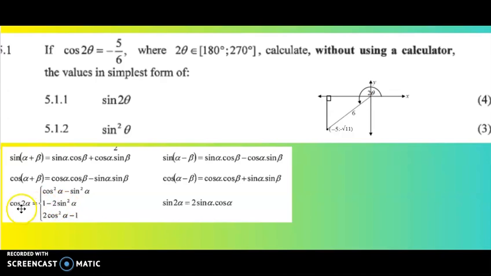So this one tells me cos 2 theta is equal to something, and then I've got sine, so I can try to solve this equation by working with that information. So I say cos 2 theta is equal to 1 minus 2 sine square theta.